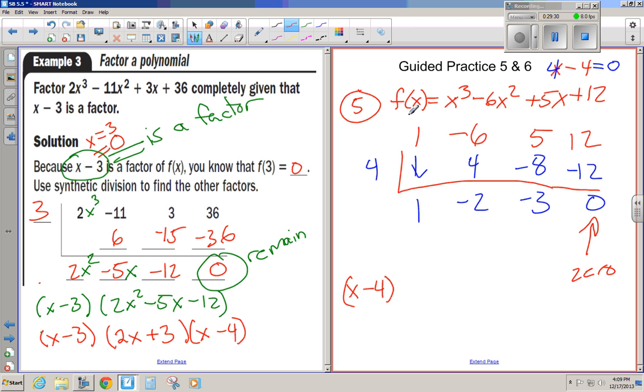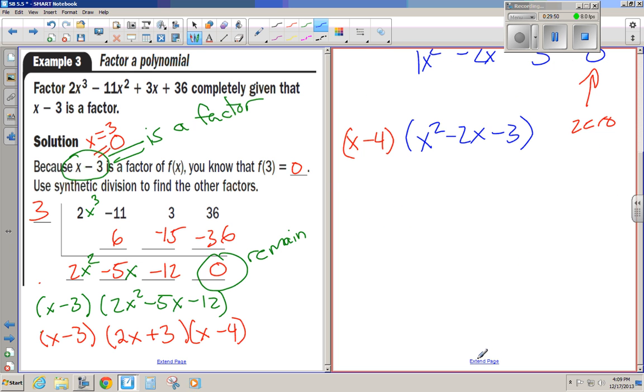Now, of course, we need to try to factor completely. So this 1x cubed becomes 1x squared. This minus 6x squared becomes minus 2x. The 5x becomes just a minus 3. So now you have to determine whether or not this quadratic is factorable.